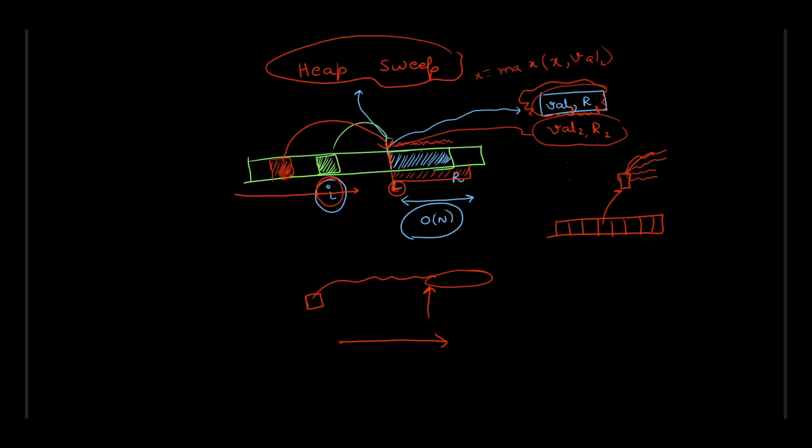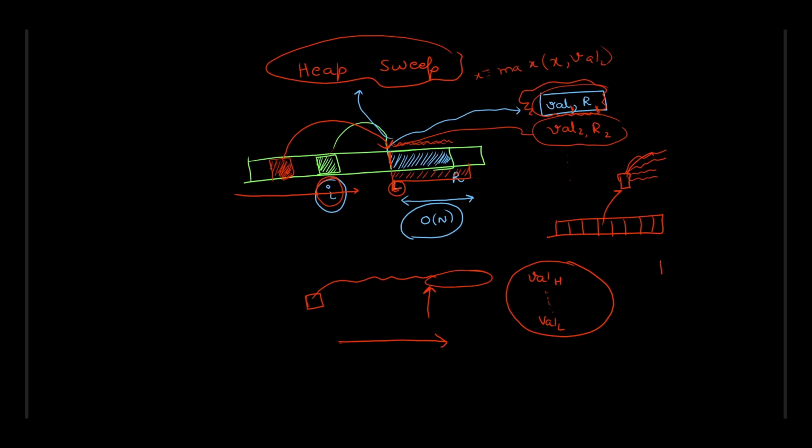All the contributions that you are getting, you can store all of them in a heap, because you only care about the maximum valued contribution. So you store all these val comma ri, you sort them in order of val, so you say val highest, and then val lowest, right?